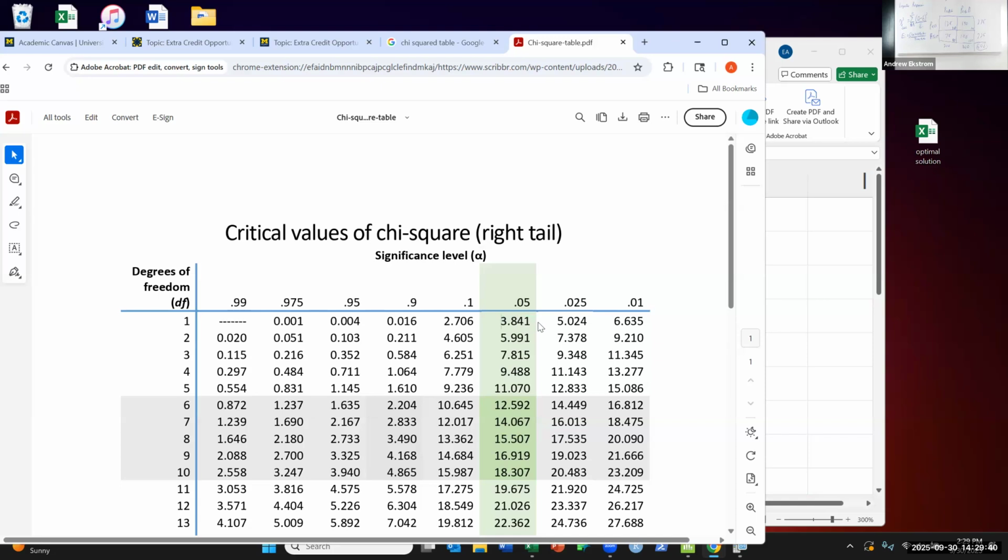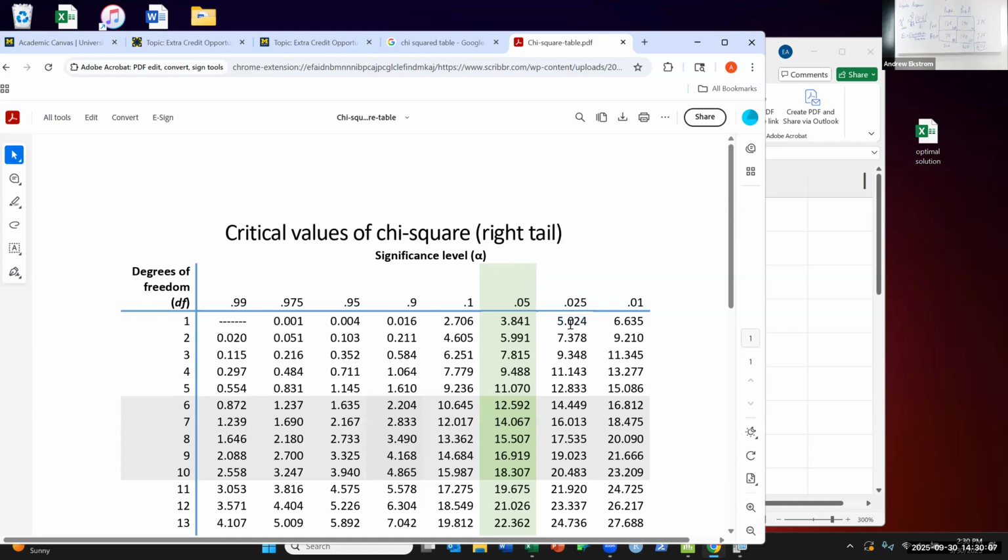Our calculated value is far larger than this. That tells us that at the 95% confidence level, there is a statistically significant difference between what we observed and what we expected. Looking at what we've got here, the 7 point whatever is above 5.